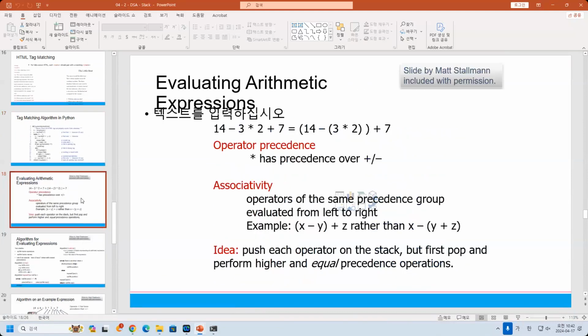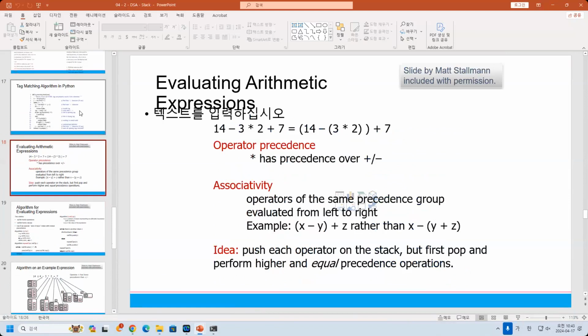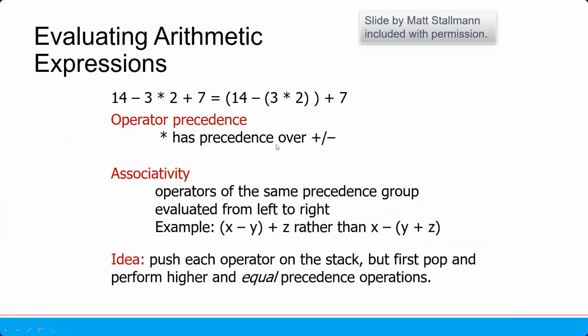So there are so many applications. Now we can also use the stack for arithmetic expressions. In Python, you know that there is operator precedence. Operator precedence means multiplication and division have more priority than plus and minus.